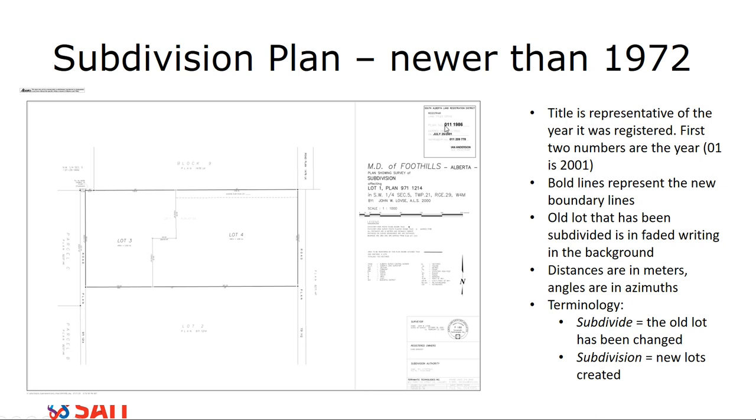Then we've got our year and then the cataloging number after. This 1986 has nothing to do with the year. It's merely the number of the plan. So only the first two. If it says 97-1, that means it was made in 1997, and that was when it was registered. So it's always the first two numbers.